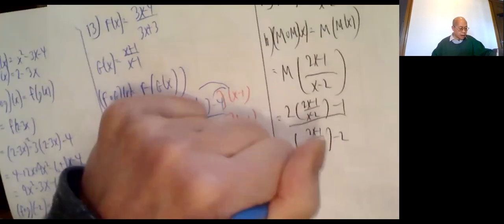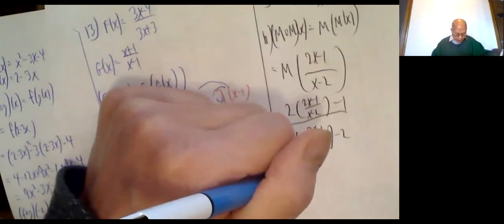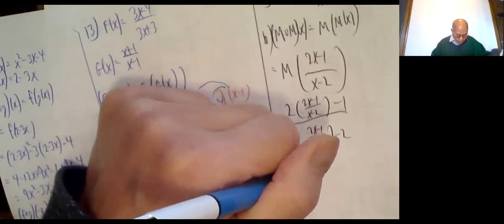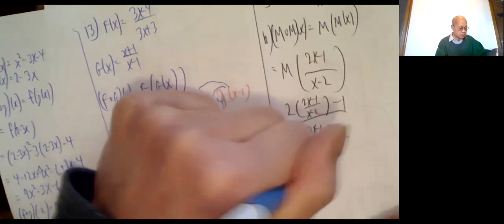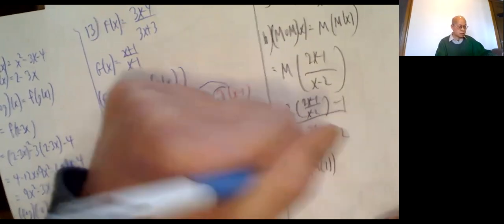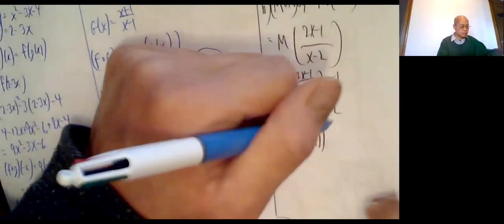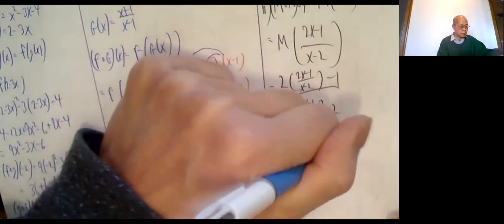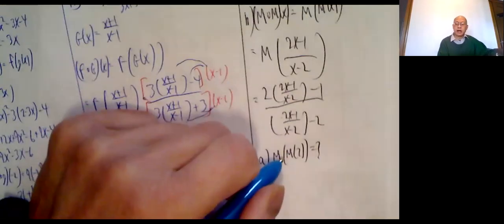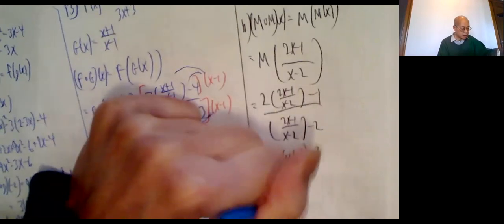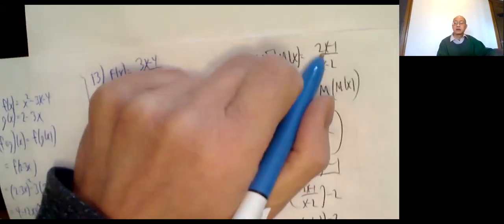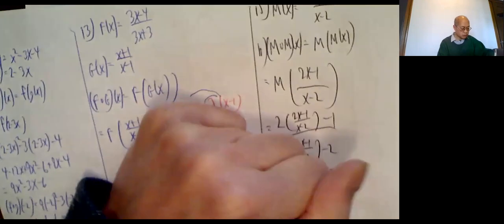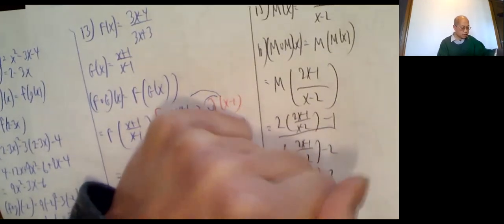Okay, I'm going to go back to A, where it asks for m of 7. So first, I want m of 7. I plug in 7. So 2 times 7 minus 1 divided by 7 minus 2.